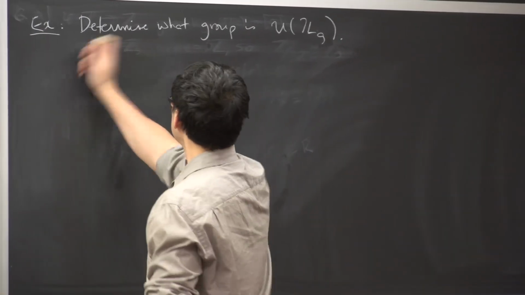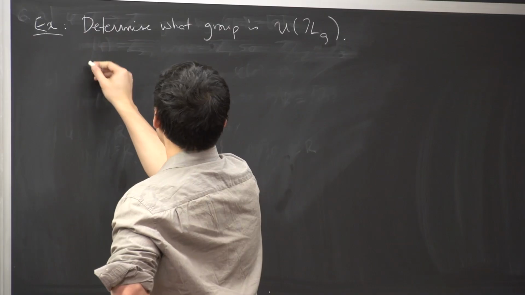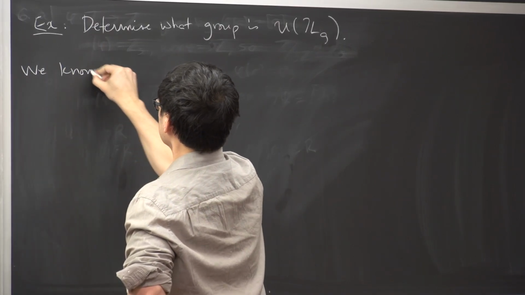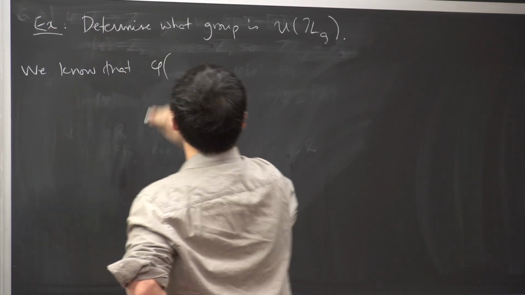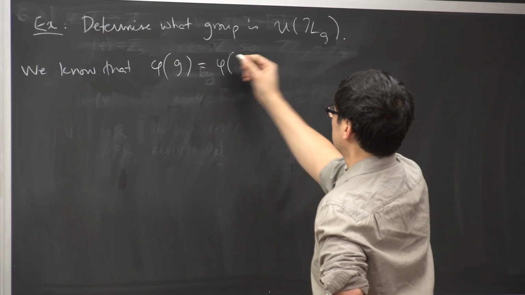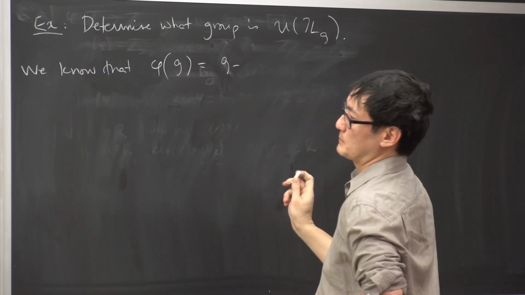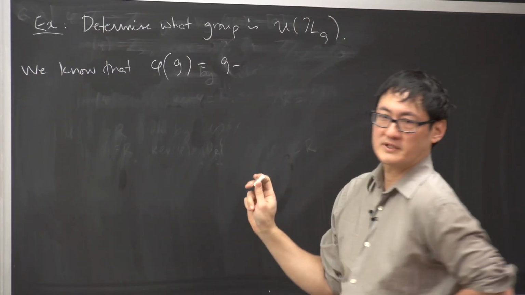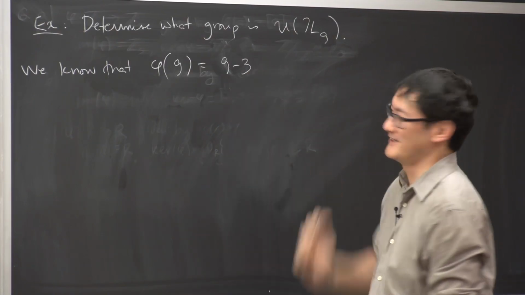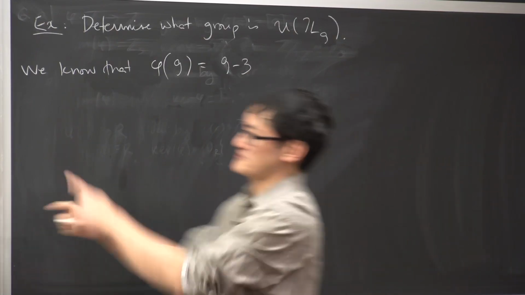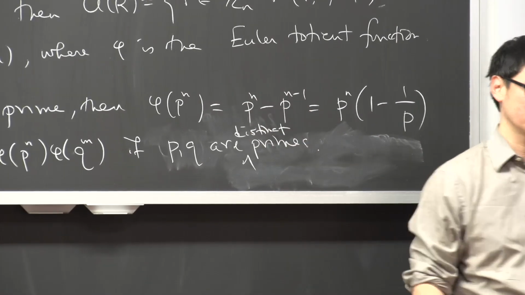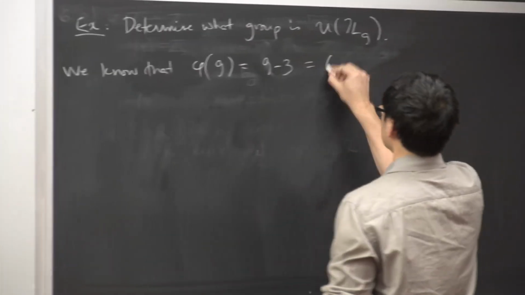First of all, I want to figure out how many elements there are. So we know that phi of 9 is equal to 9 minus what? No, the way you do it is this: it's 3 squared minus 3 to the first power, so it's 9 minus 3, which is 6.